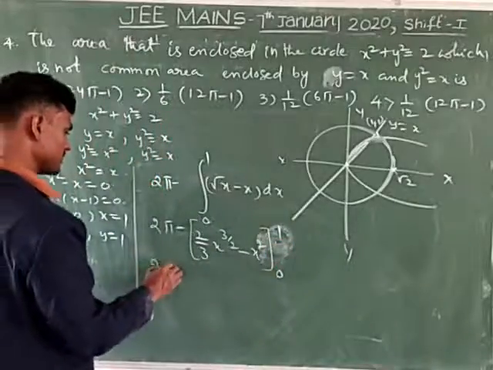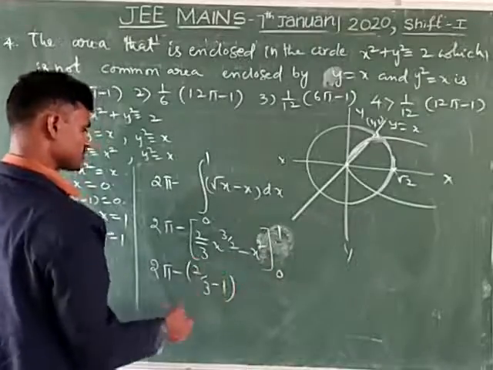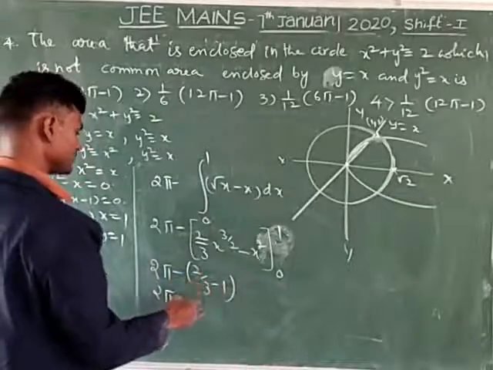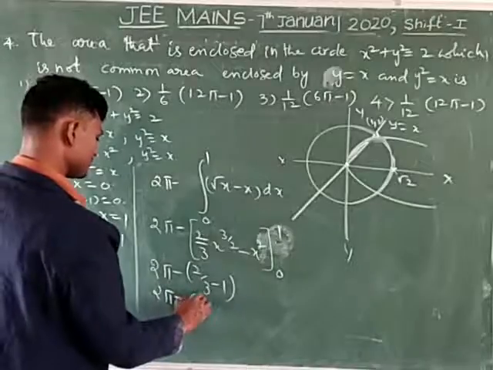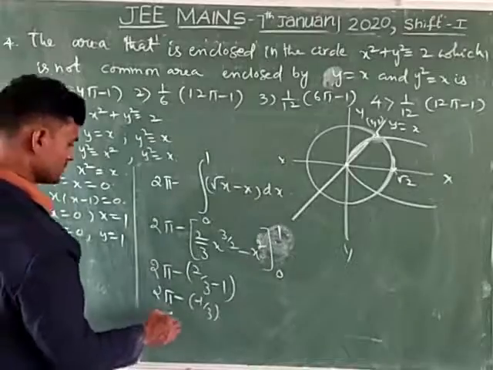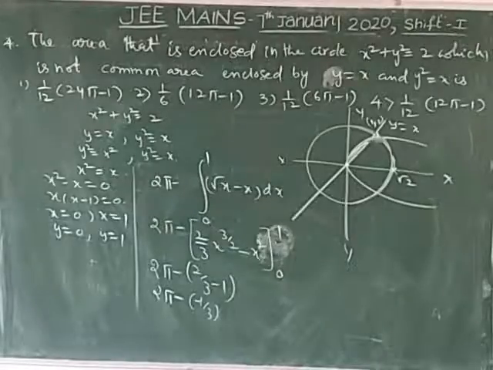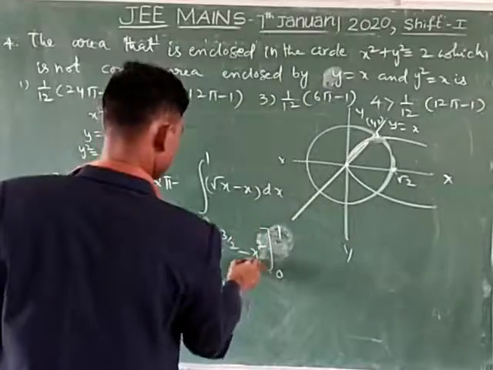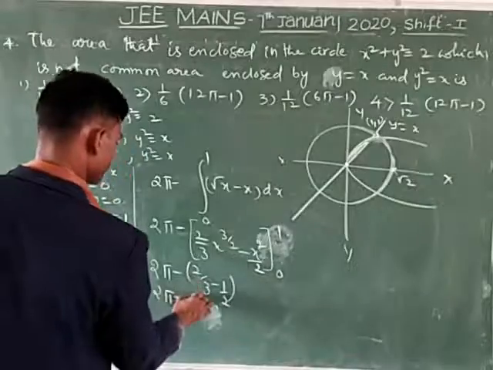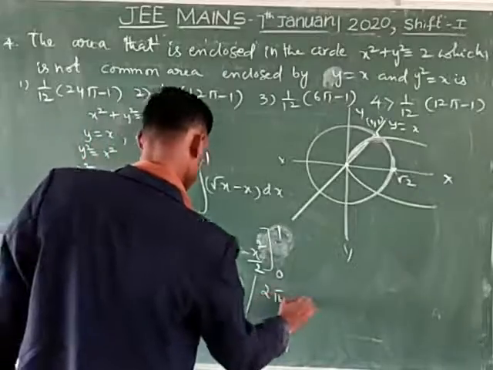Now 2π minus, you have to substitute 1. 1 means 2/3 minus 1/2; 0 means total 0. Then 3 ones are 3, 2π minus... 3 ones are 3, 2 times 2 is 4, so 4 minus 3 is 1, over 6, that is 1/6. Now 2π minus 1/6.